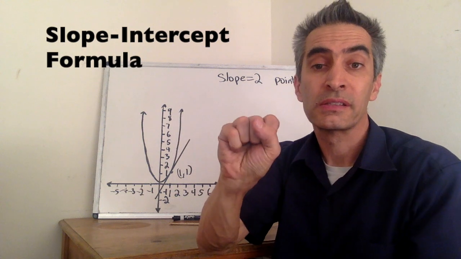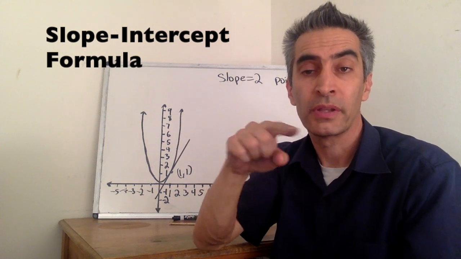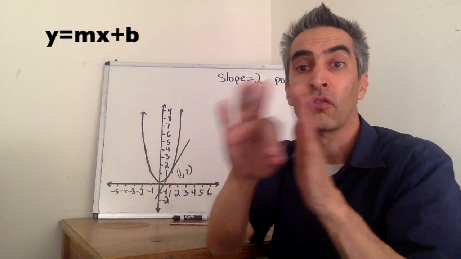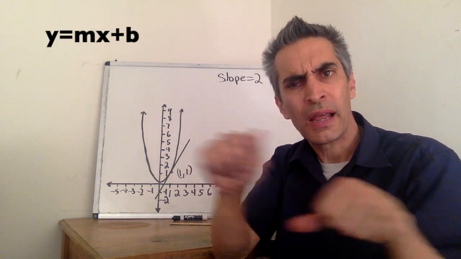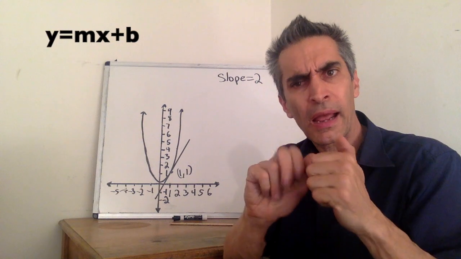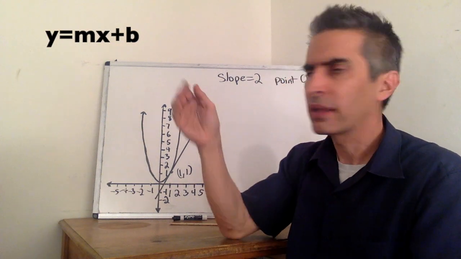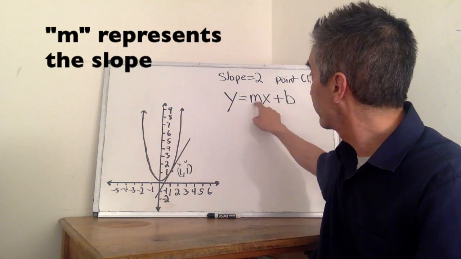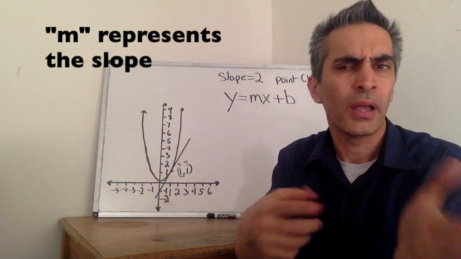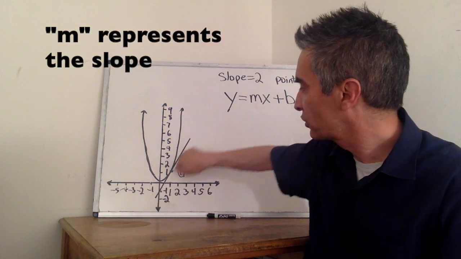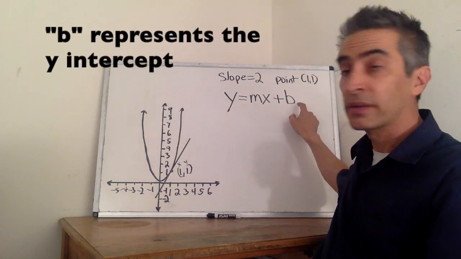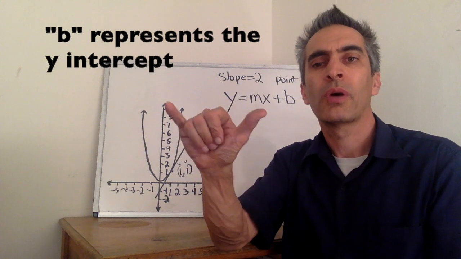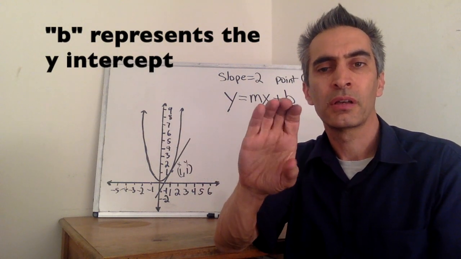We're going to use the slope-intercept formula. Remember algebra class? Remember how to use y equals mx plus b? Now, m represents the slope, and b represents the y-intercept.